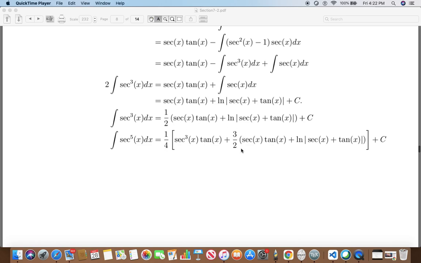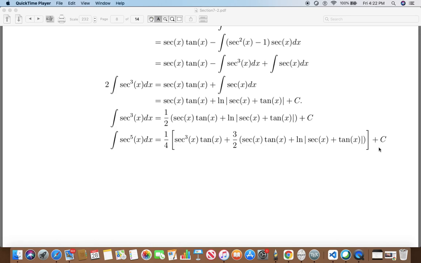So 3/4 times secant x tan x plus natural log absolute value secant x plus tan x, all of that in one big parenthesis, 3/4, and plus a constant, you get a new constant.